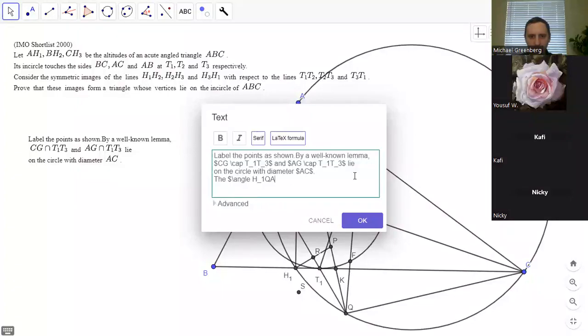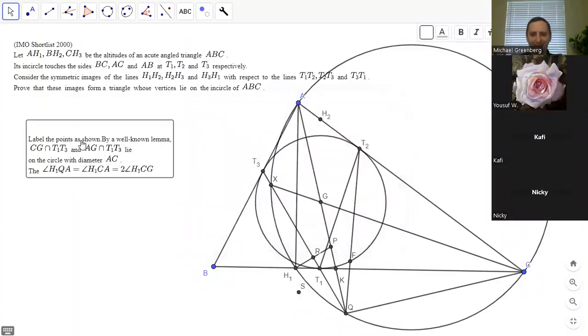So angle H1QA is equal to angle H1CA, which is equal to 2 angle H1CX, G. I don't know why I called the incenter G, but oh well, it's too late.